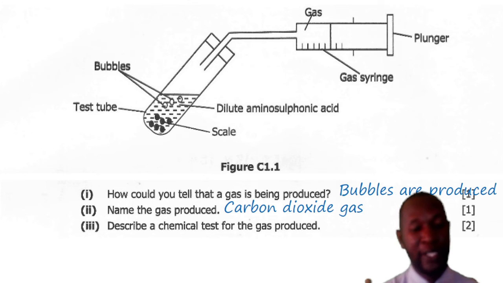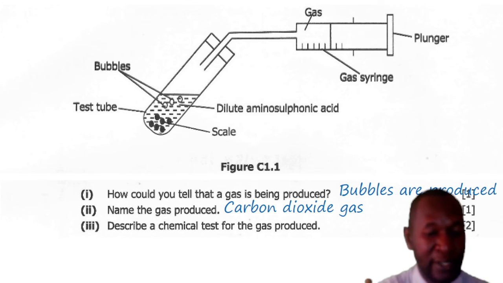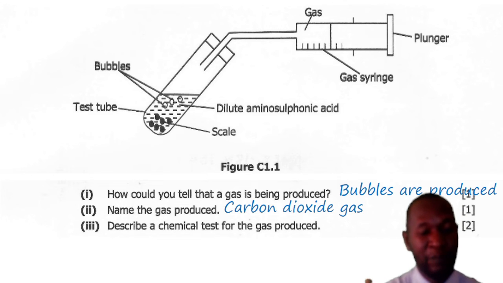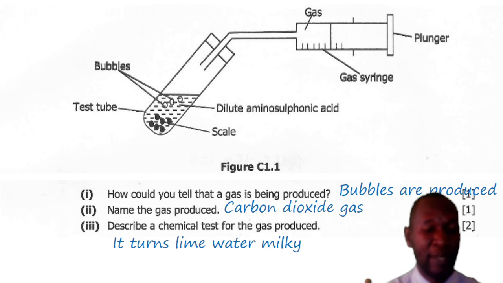Carbonates react with acid to form carbon dioxide gas, salt and water. Part 3. Describe a chemical test for the gas produced. Carbon dioxide, once bubbled through lime water, will turn lime water milky. That is the chemical test for carbon dioxide.